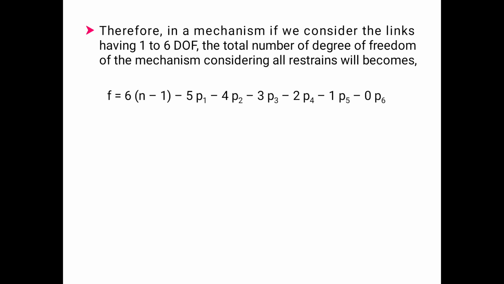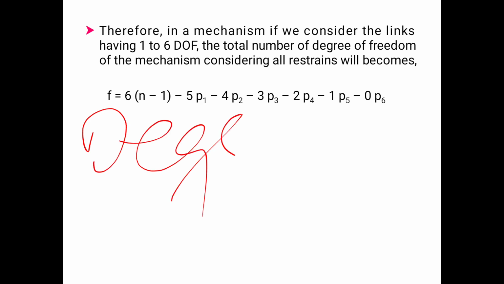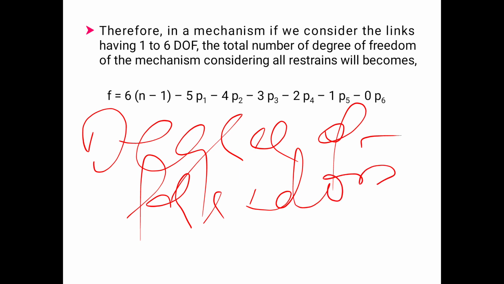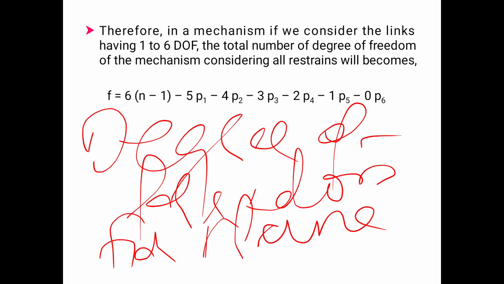So the degree of freedom for a spatial mechanism is 6(n minus 1) minus the following. When there is no restriction applied, the total degree of freedom is 6(n minus 1). If there is one restriction applied, the remaining degree of freedom will be 5.